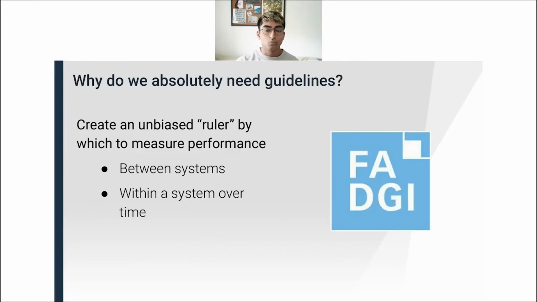So what I am not saying is that we don't need guidelines. We absolutely need guidelines, and I want to talk about some of the reasons why. One of the first things we try to achieve with guidelines is creating an unbiased ruler, something we can use to measure anywhere in the world with any system.